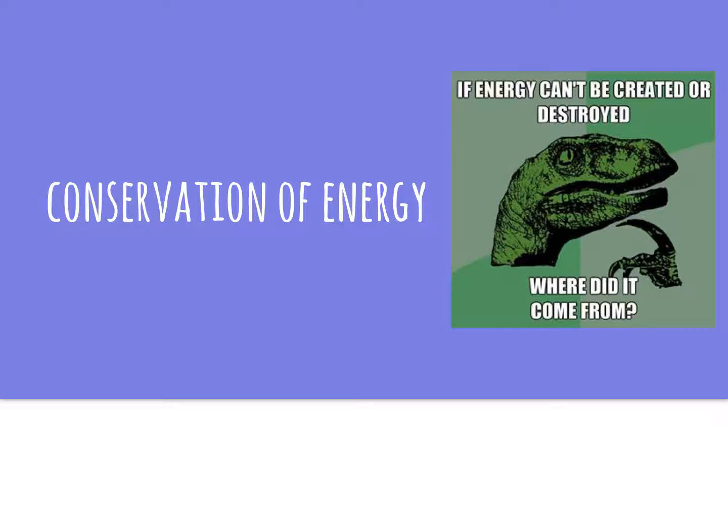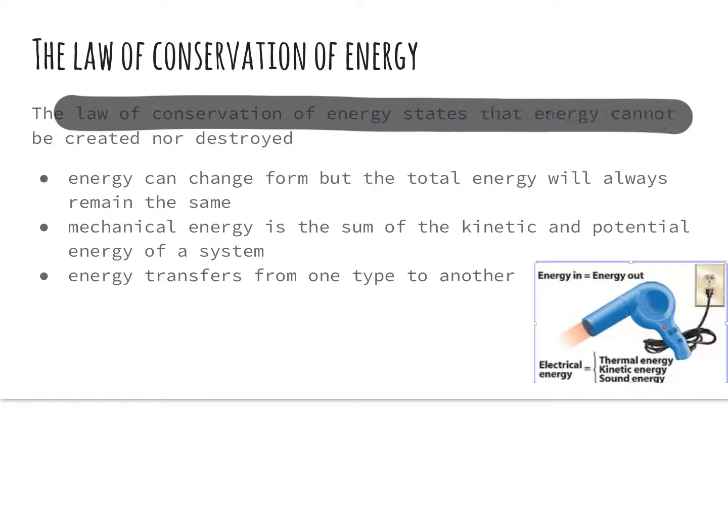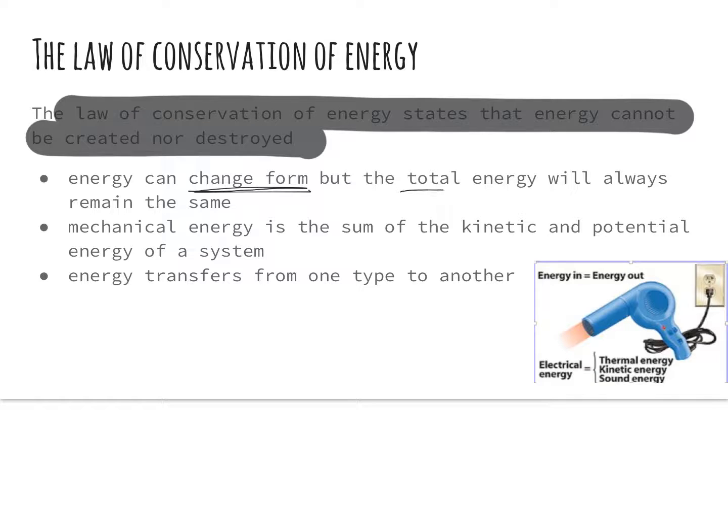All right, now we have something called the law of conservation of energy. What this says is that energy cannot be created nor destroyed. Very, very important. So we're not just going to create energy out of nowhere, and we're not just going to destroy it somehow. We can change the energy form, but the total energy is always the same.